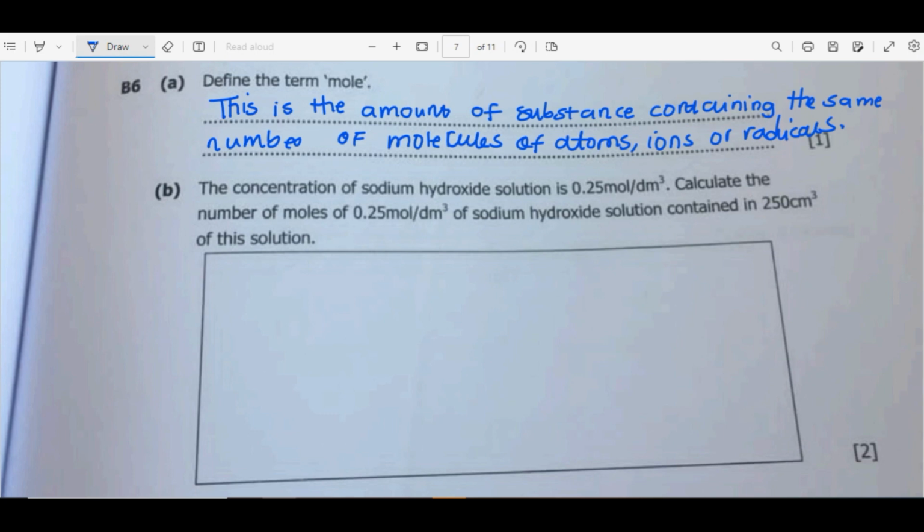So we always compare this to 12 grams of carbon. So that's what is meant by a mole of a substance.